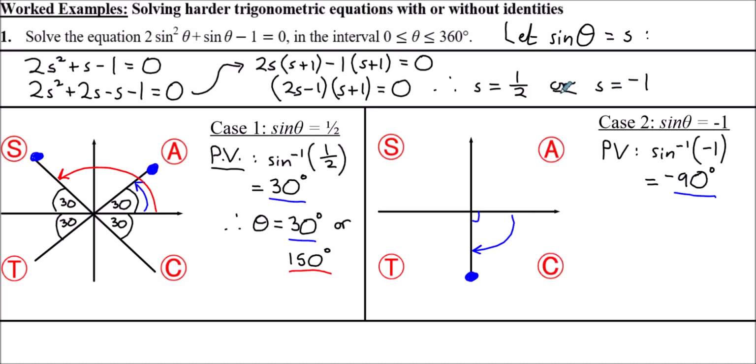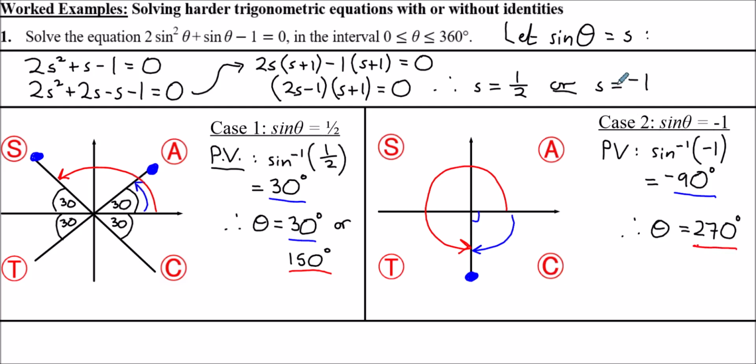So we want our values of theta in the range from 0 to 360. So minus 90 isn't valid. So what value of theta would be valid? Well, rather than having a negative angle, what we could have done to arrive at this point here would have been to have gone all the way around in the positive direction, which would be positive 270. And that's the only valid solution for where sine theta is equal to negative 1.